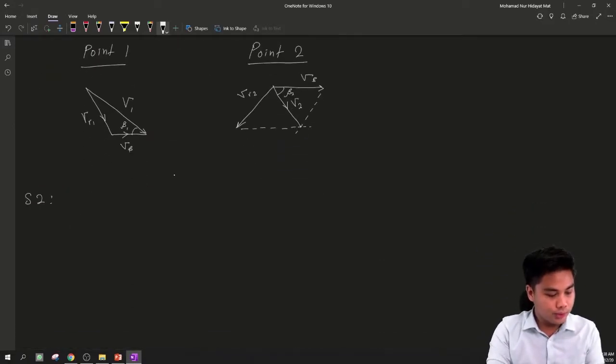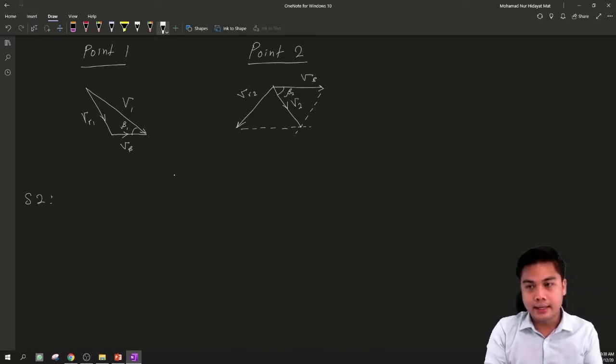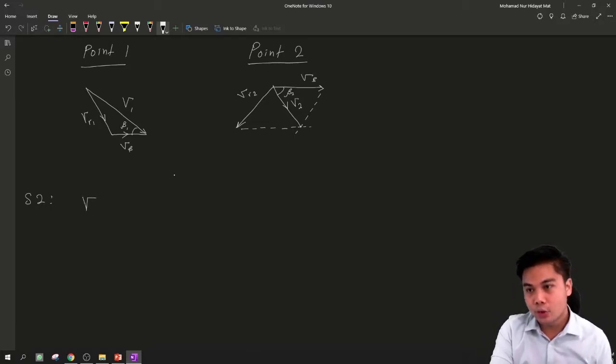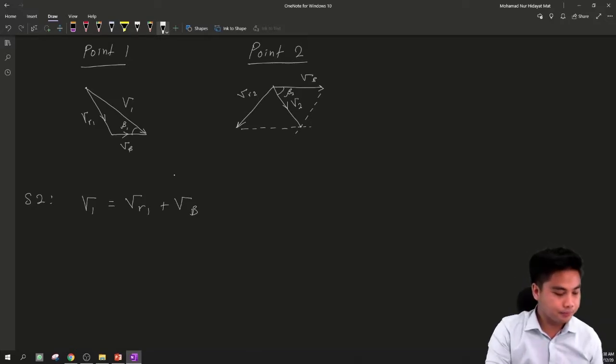From here, step number 2, we need to apply the velocity vector equation. V1 is equal to VR1 plus VB. We start from this coordinate and, to reach this point, we go in the other direction, VR1 plus VB, because this is the same arrow, so it is plus.